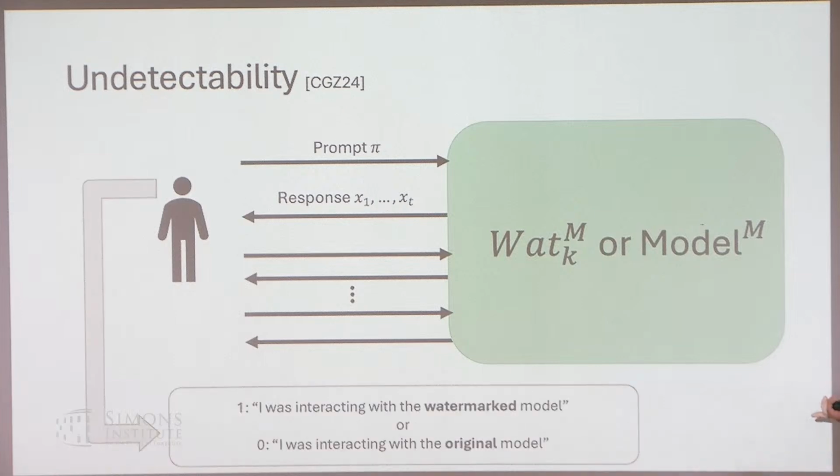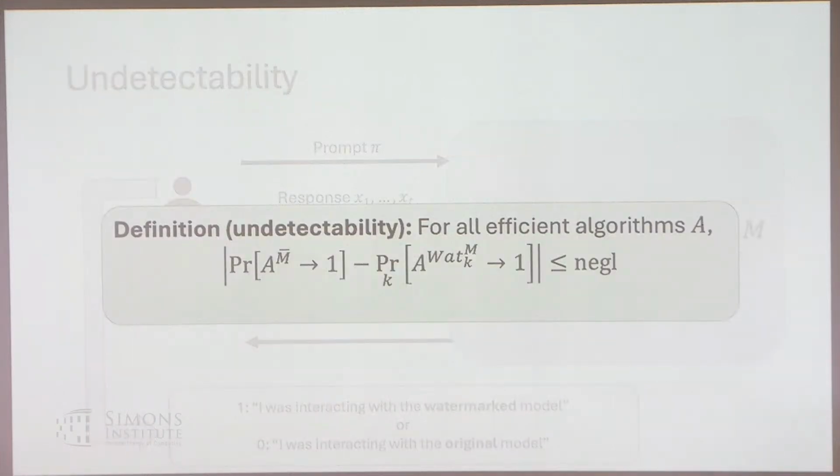And at the end of this game, the distinguisher needs to say whether it thinks it was interacting with the original model or the watermarked model. In previous work with Sam and with Zamir, we defined undetectability to be the property that no efficient distinguisher can tell the difference between the watermarked model and the original model. And so the watermarks that I'll talk about today satisfy this very strong notion of quality.